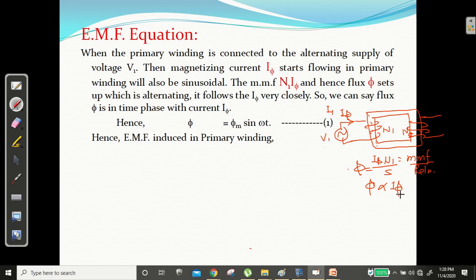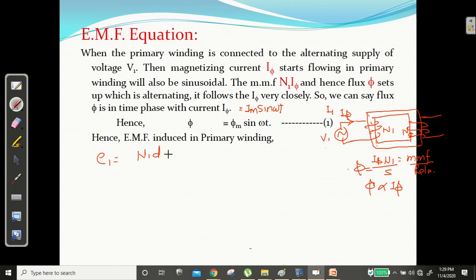If Iμ equals Im sin omega t, phi will also be sinusoidal, so I am taking phi equal to phi m sin omega t, equation number 1. I am going to start from here, क्योंकि अगर करंट 0 है तो फ्लक्स 0 होने वाला है, करंट मैक्सिमम है तो फ्लक्स विल बी मैक्सिमम, करंट साइनसॉइडल है तो फ्लक्स विल आल्सो बी साइनसॉइडल, equation number 1.